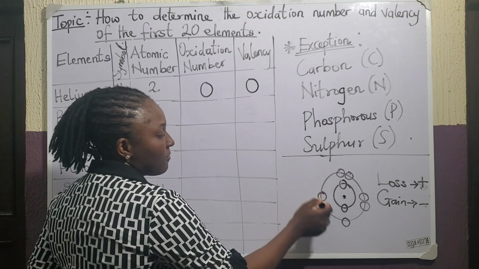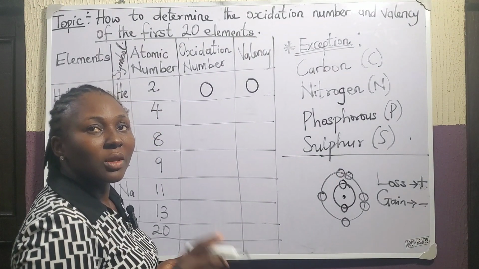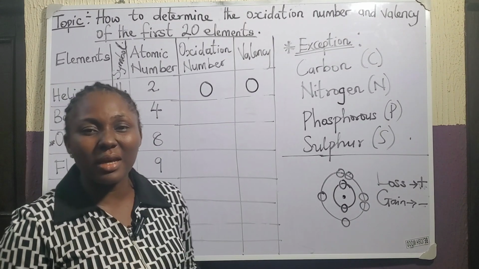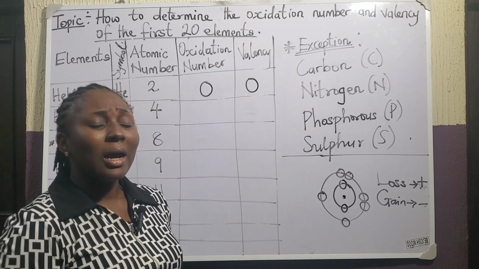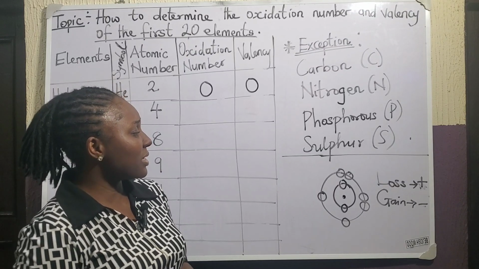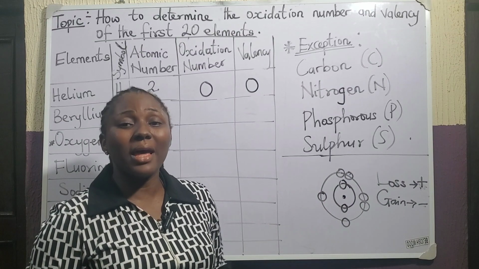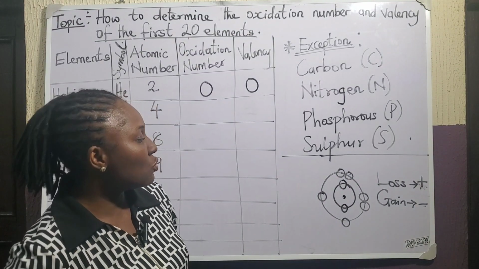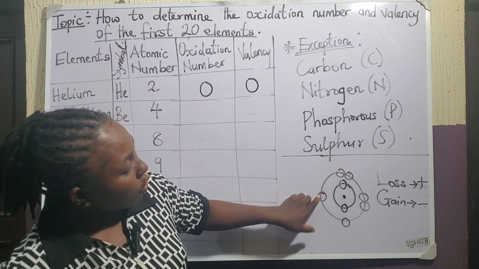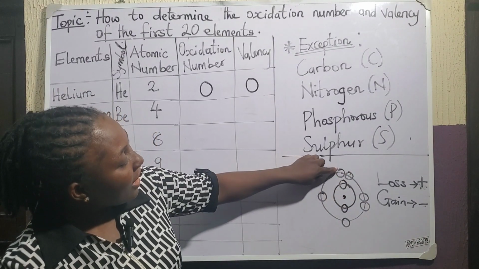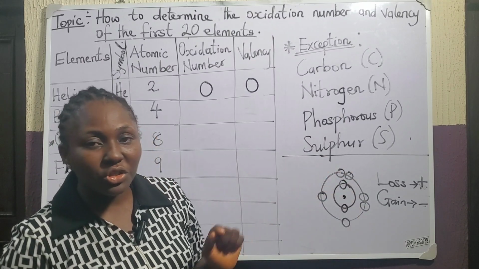So, if this is the structure of oxygen, remember the first 20 elements obey the octet rule. The octet rule simply states that elements tend to lose or gain electrons in order to obtain an octet structure, or have 8 electrons on their outermost shell.